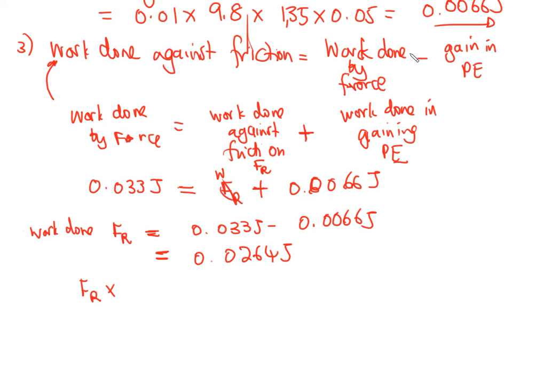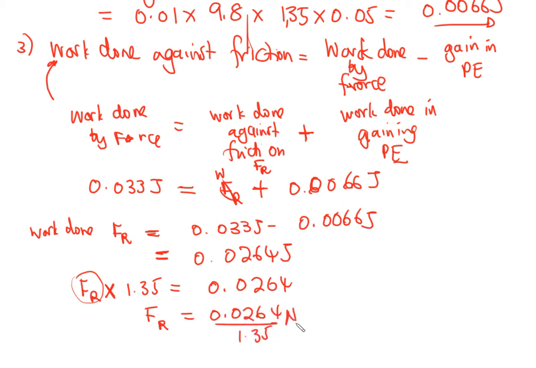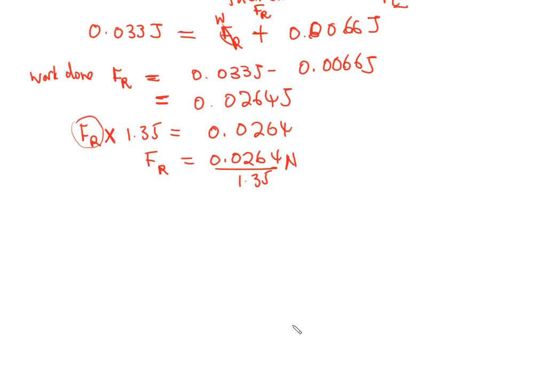So our work done by the friction is going to be force of friction, Fr, you can write it FF, whatever it is, times 1.35 should be equal to 0.0264, right? So our force of friction is now going to be equal to 0.0264 divided by 1.35 newtons. So that is our force of friction, right?